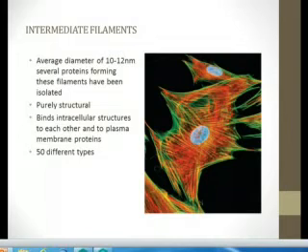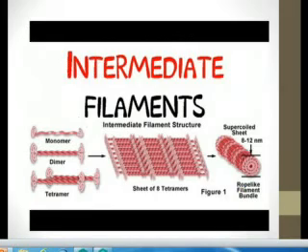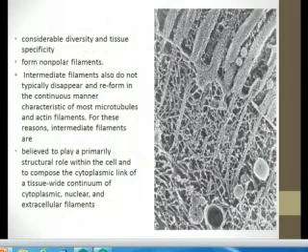Now, what are these specific features which make them unique from both the microfilaments and microtubules? First of all, they are not polymerized and not polar. Their non-polar nature makes them purely structural. Second, they have considerable diversity and tissue specificity.